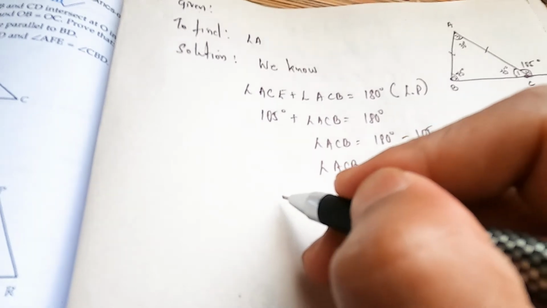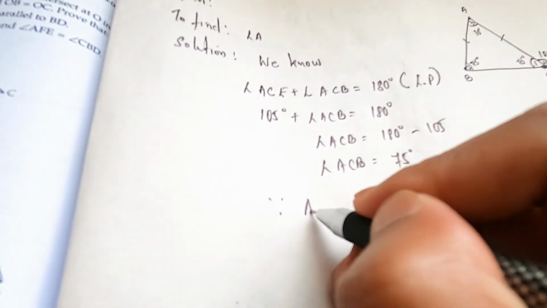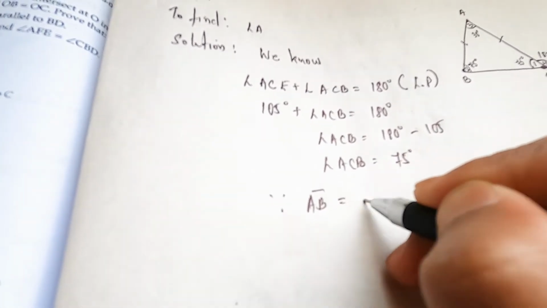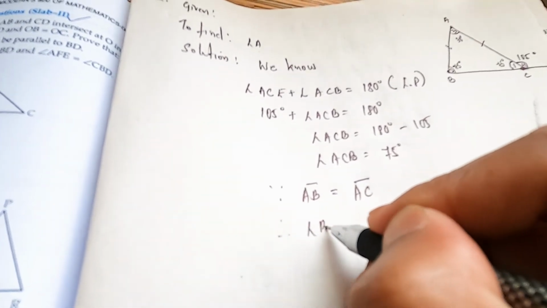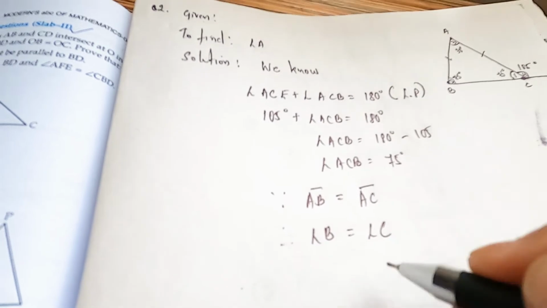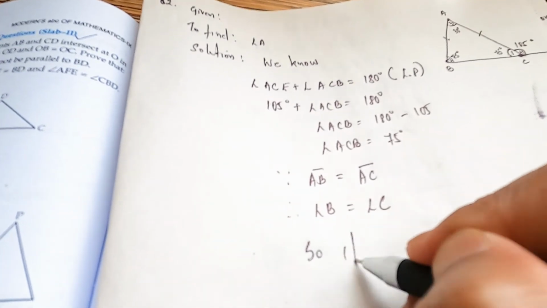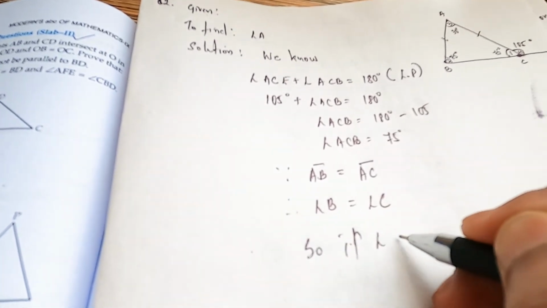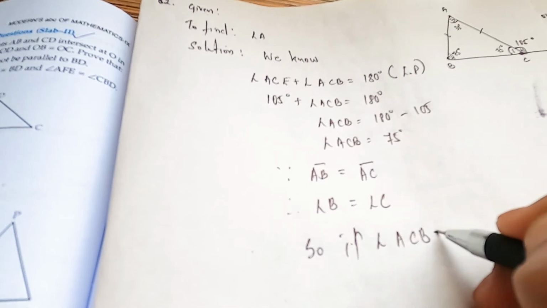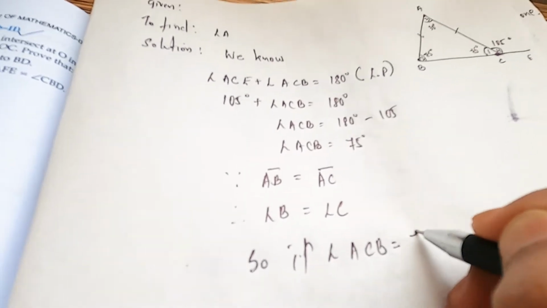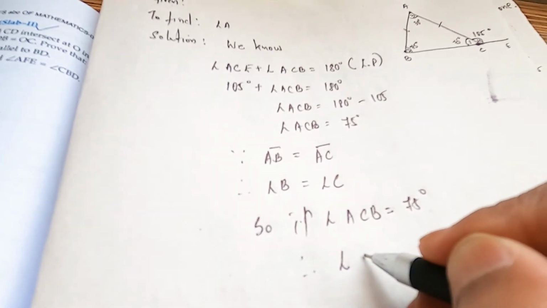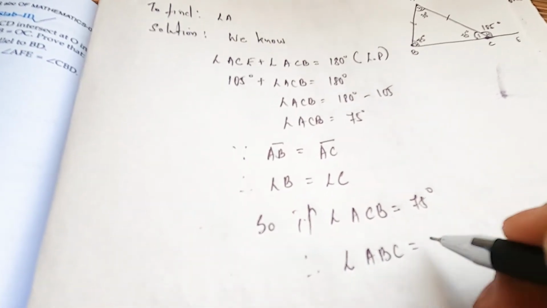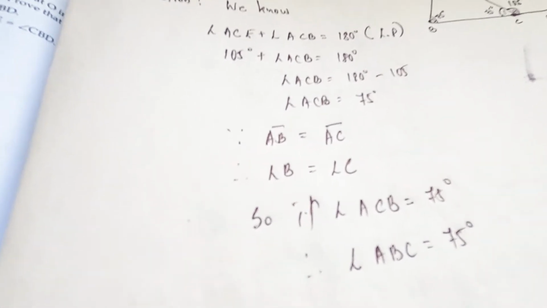Alright. Now since AB is equal to side AC, therefore angle B is equal to angle C. So if angle ACB is equal to 75 degree, so therefore angle ABC is equal to 75 degree.